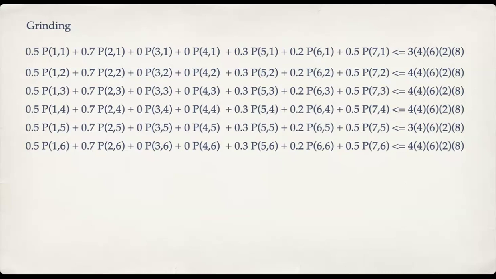And on the right-hand side is the available machine time, the grinder time. Because one grinder is offline, you can use only 3 grinders in January.